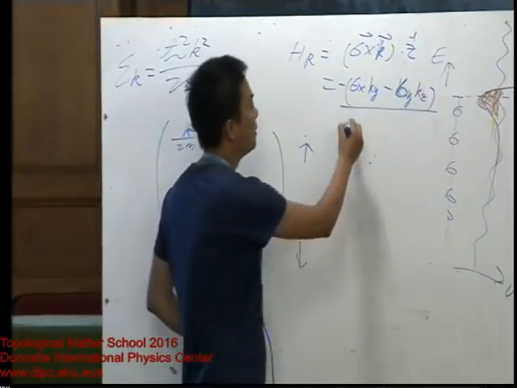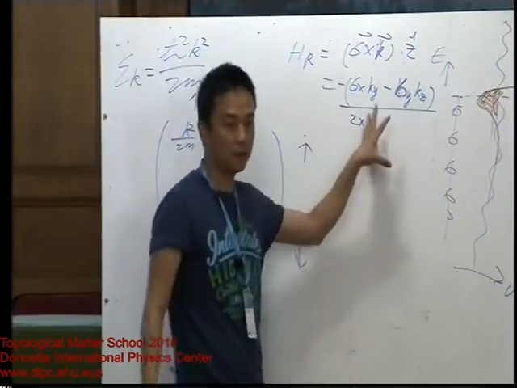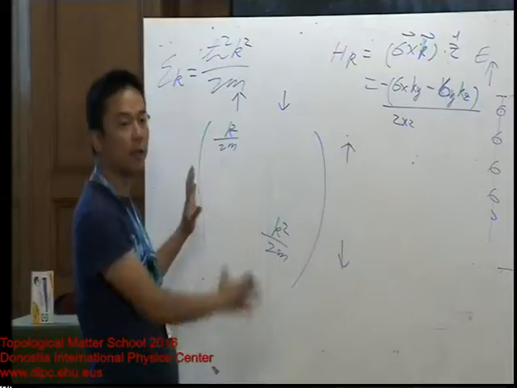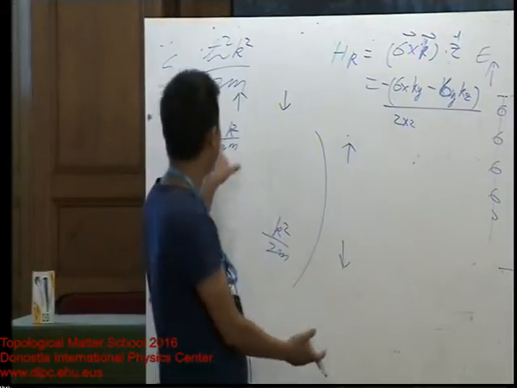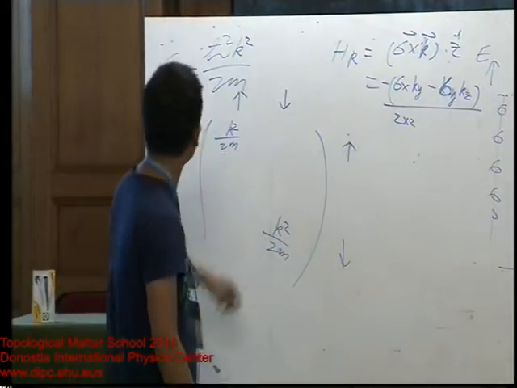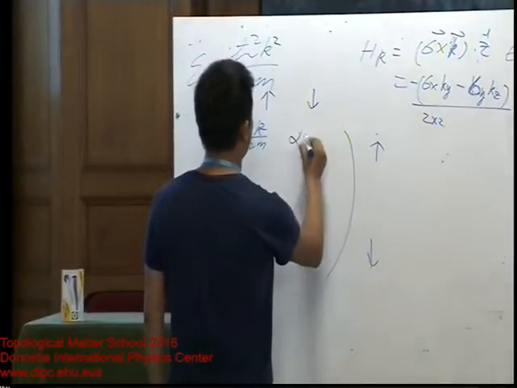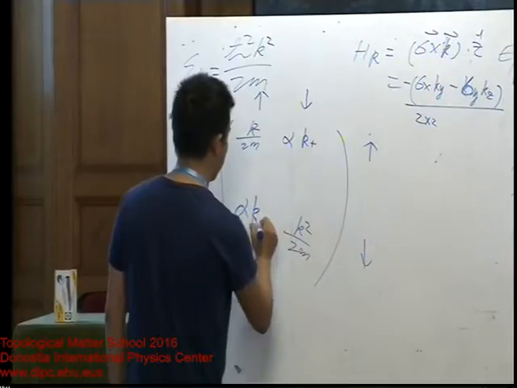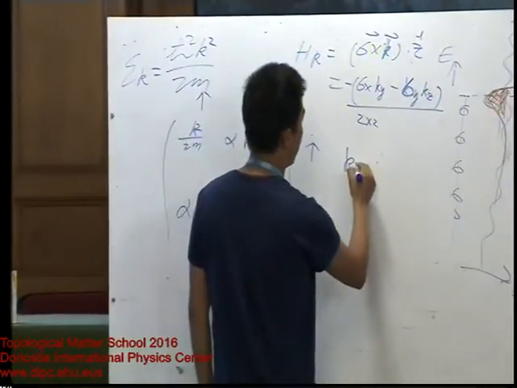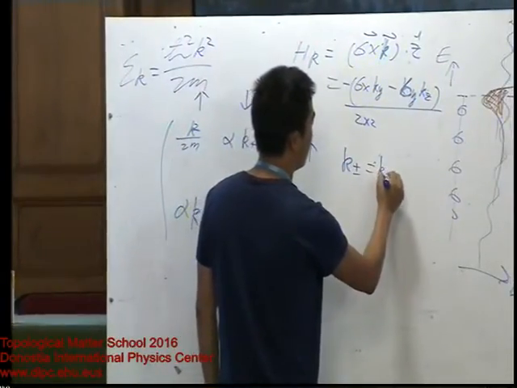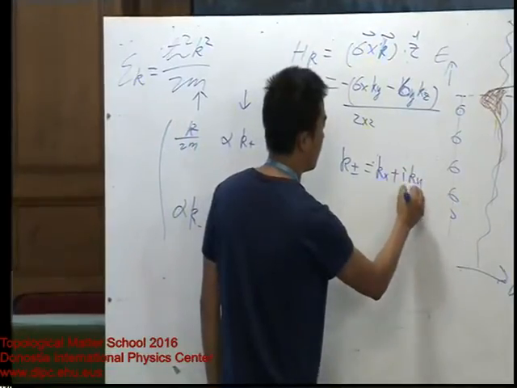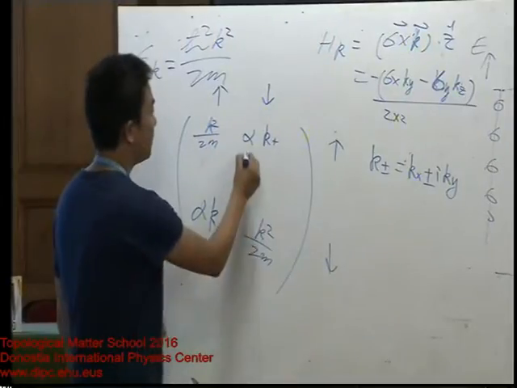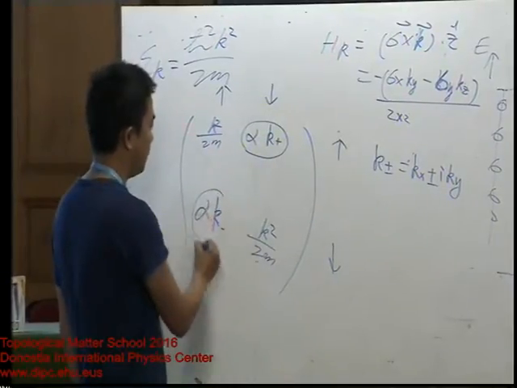It's just a 2 by 2 matrix. What I try to write is just put this matrix here in a new 2 by 2 way and add the diagonal term. And here we get the alpha k plus, alpha k minus, where k plus and minus is kx plus or minus i ky. Just a notation for this. And we get one off-diagonal term.